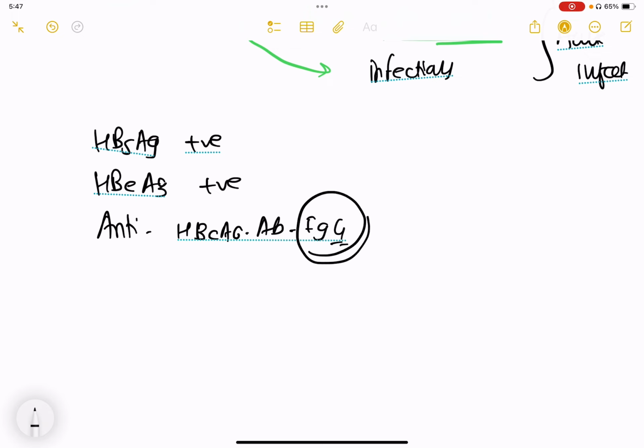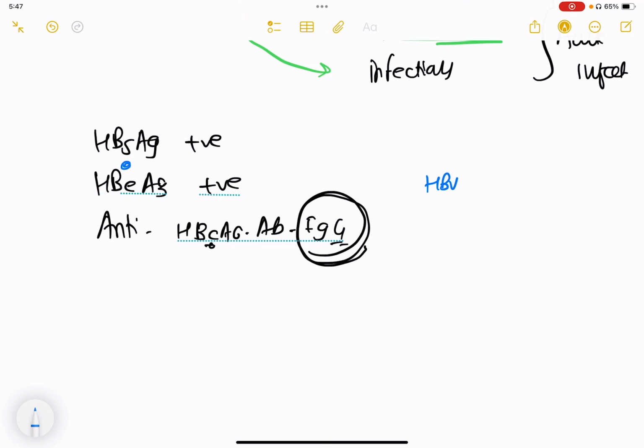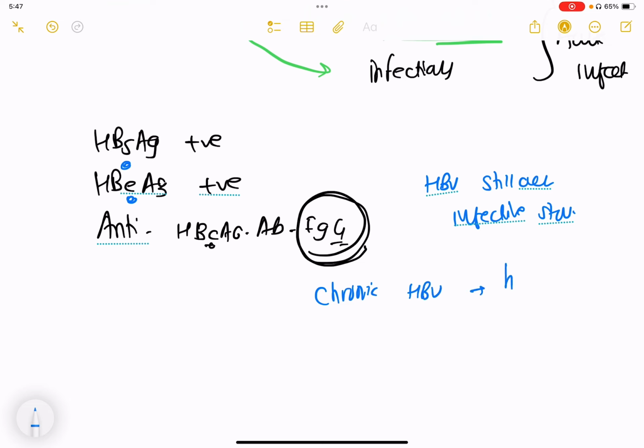As the IgG is already positive against the core antigen, it means that the patient had infection earlier in the remote past, and still the surface antigen is positive, means hepatitis B virus is still active. And as E is also positive, the patient is still in a highly infective state. This patient is basically in a chronic hepatitis B virus state with high infectivity.